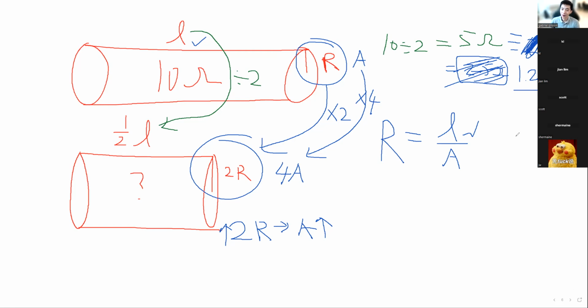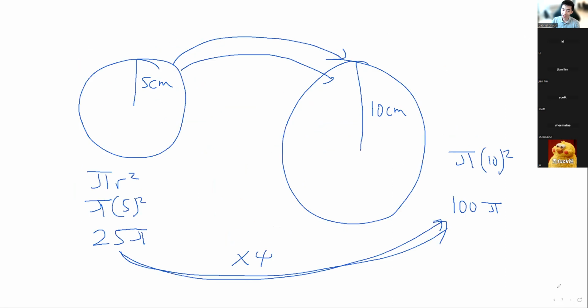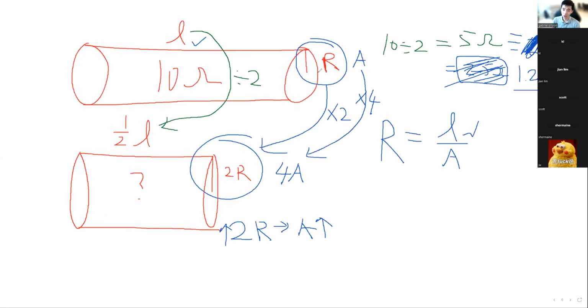Times 4. So if you look at this numerical representation here, when I double up the radius, mathematically my area will actually quadruple up, right? 25 times 4 is 100, right? This part you understand or not? Yeah, right. So looking at this question here, you see this is R and this is double R, right?